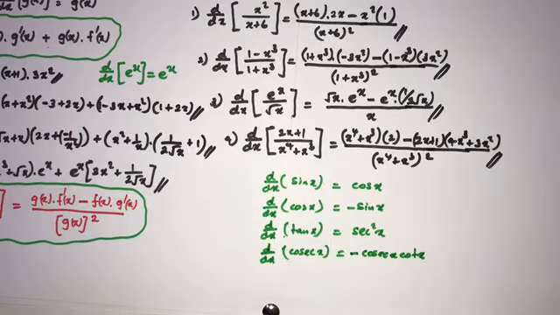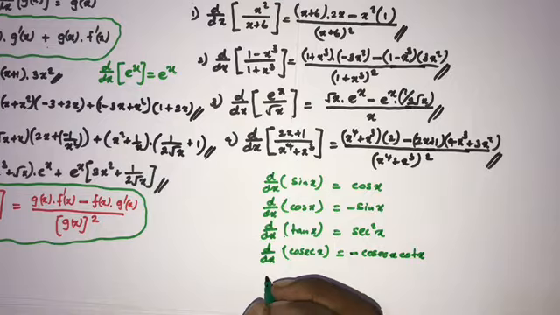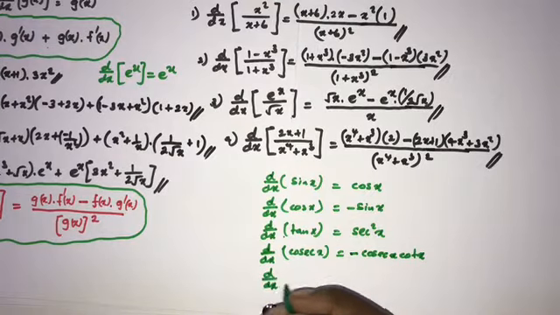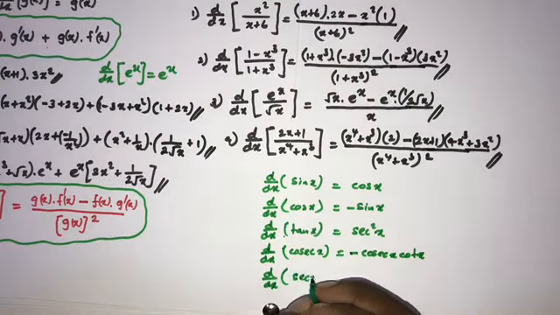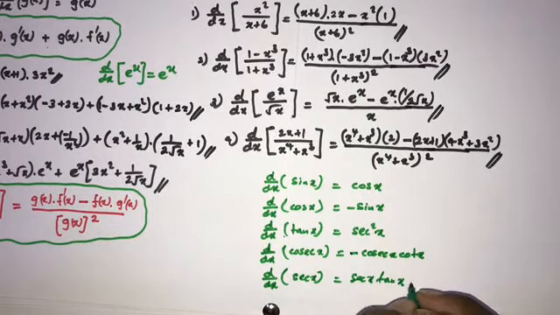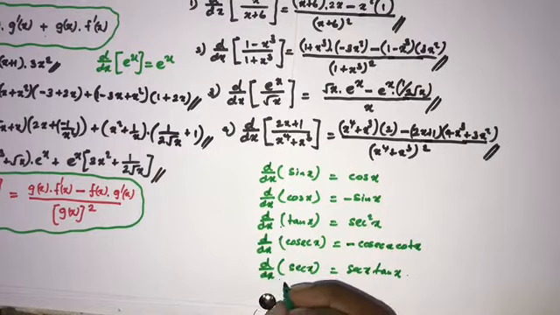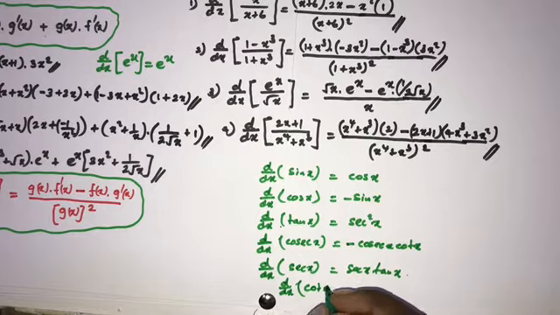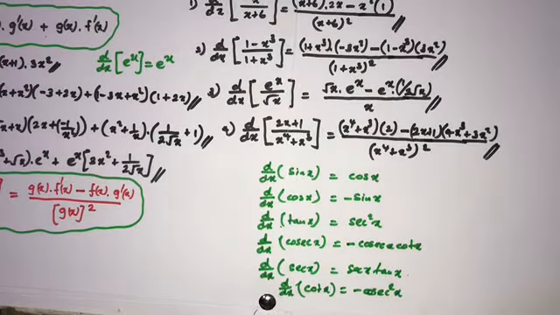Then the derivative of secant of x is secant of x tan of x. The derivative of cotangent of x is equal to minus cosecant square of x.